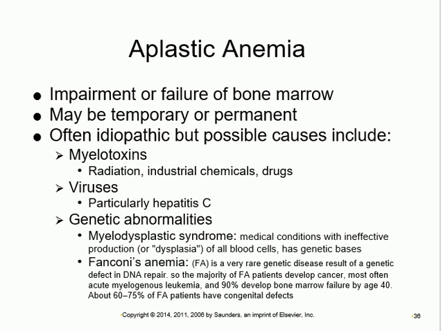Next type of anemia is called aplastic. Here are three things that you can write down if you want to. That will help you. Poiesis, plastic, and gen.